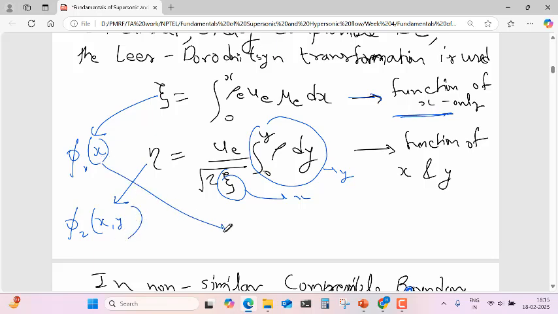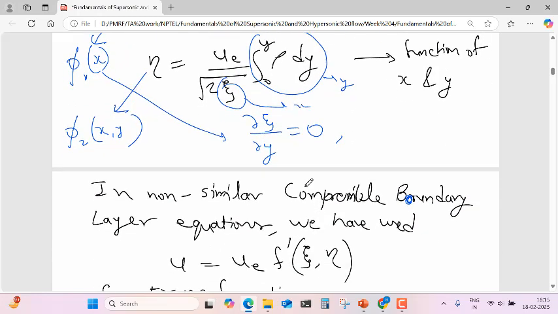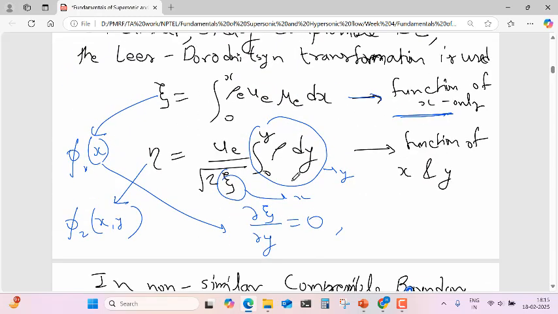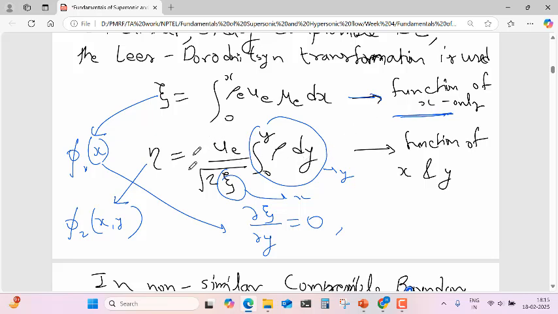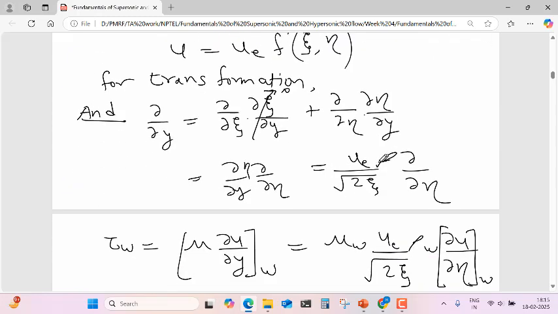So dou xi by dou y equals 0, and this term will be 0. We will get dou eta by dou y, which is ue rho upon under root 2 xi, times dou/dou eta.